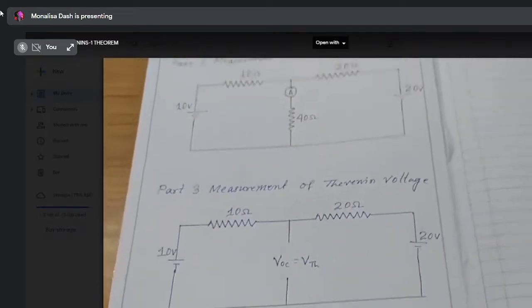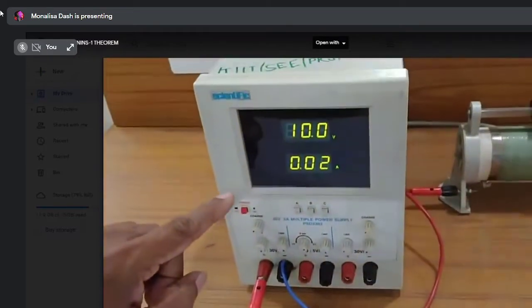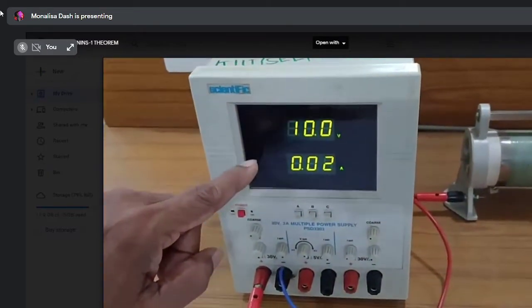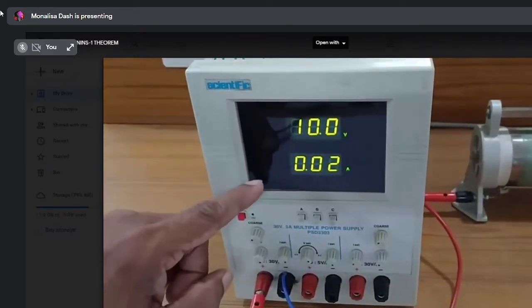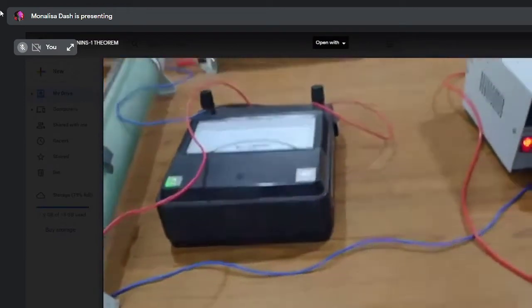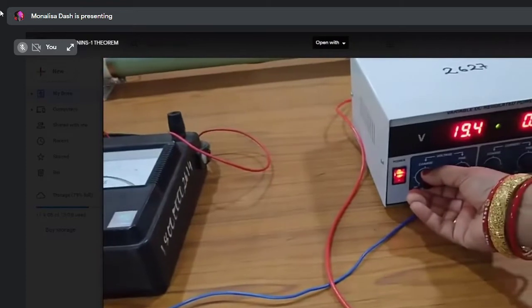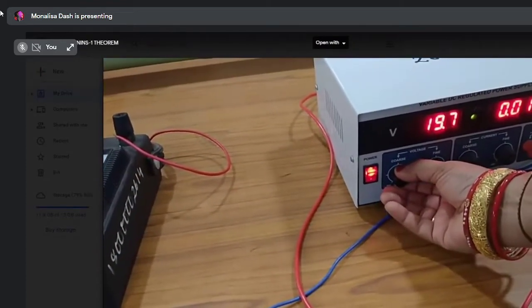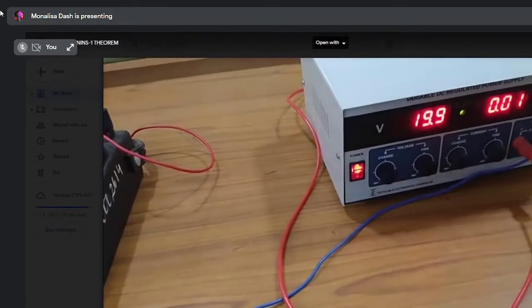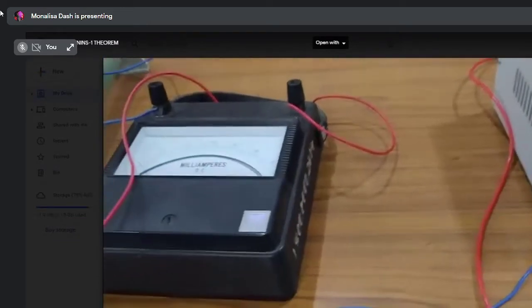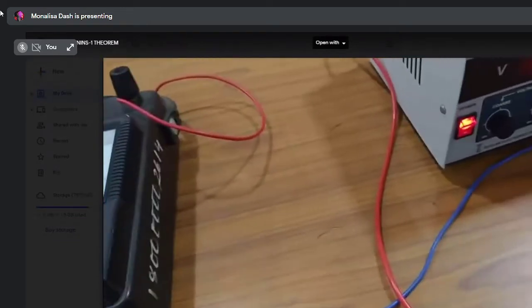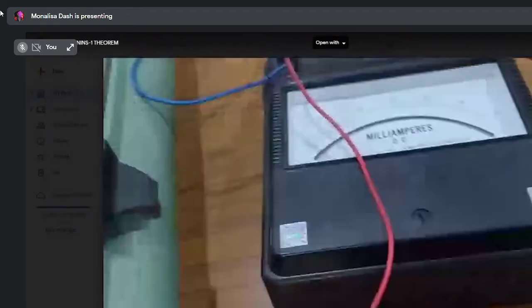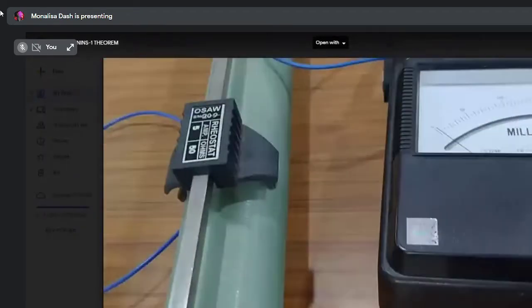So here, in the voltage source, we have already adjusted 10 volt. This is V1. Similarly, on the other side, we will apply 20 volt. Now we will adjust the voltage and check the voltage across the load terminal.